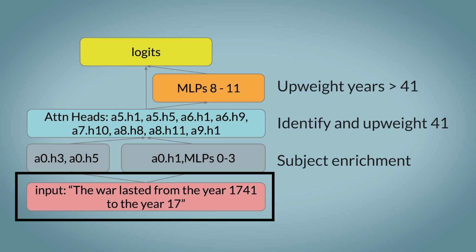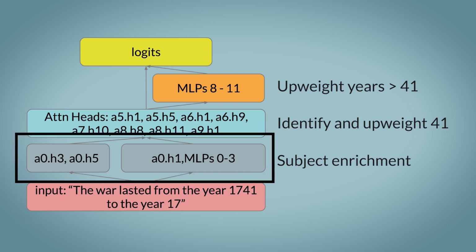First, the model takes in the input and converts it into embeddings, as is done for all inputs. Next, this input is passed to two distinct groups of model components, shown in gray. They prepare the inputs for further processing by performing subject enrichment, but we won't go into this in detail.